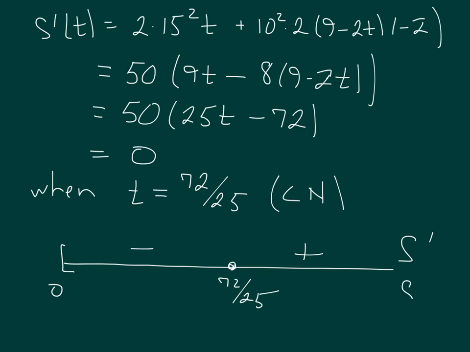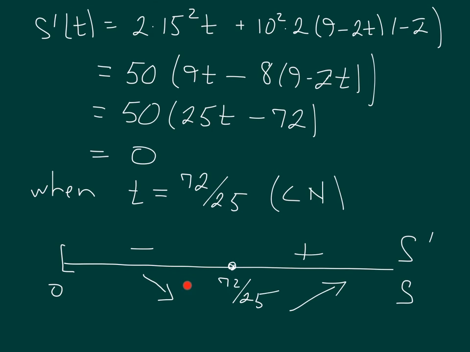What does that tell us about s? Well, if s prime is negative to the left of 72 over 25, s is decreasing to the left of 72 over 25, and if s prime is positive to the right, s is increasing to the right of 72 over 25. What does this tell us? Well, this tells us that s decreases towards 72 over 25, increases beyond there, forever beyond there.